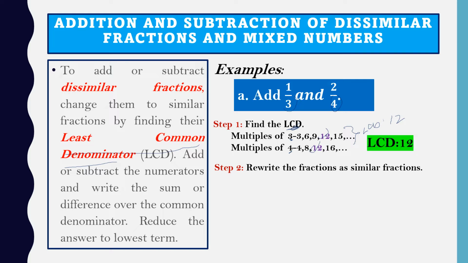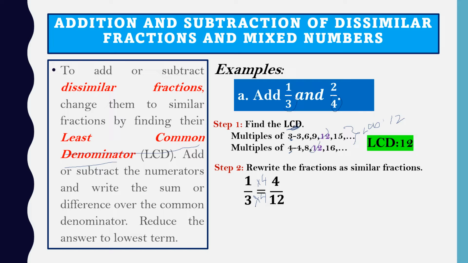After that, we will write the fractions as similar fractions. So we write 1/3 as a fraction wherein its denominator is 12. How do we do that? We multiply 3 by a certain number to get 12, and that number is 4. Just like what we've done before, when you multiply the denominator, we also have to multiply the numerator. So we have 1 times 4 is equal to 4.